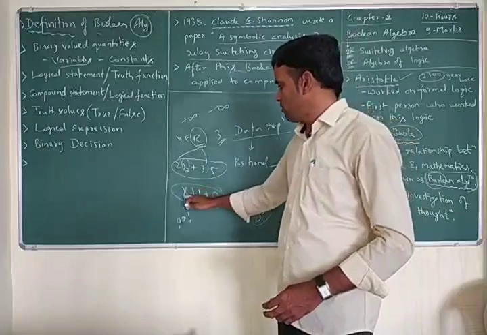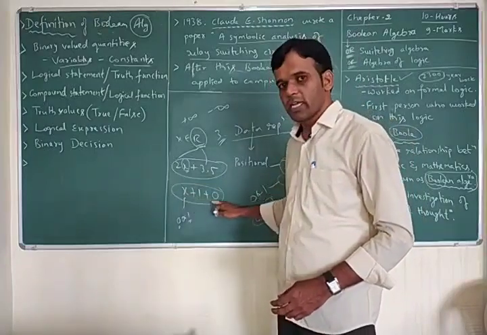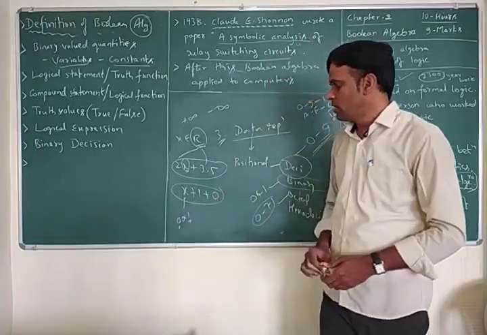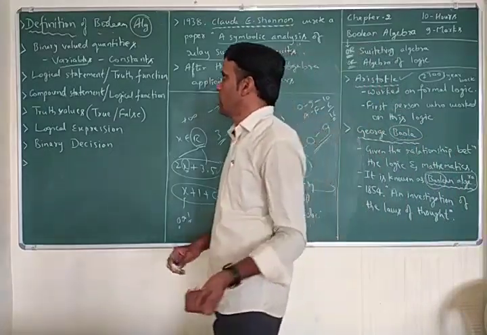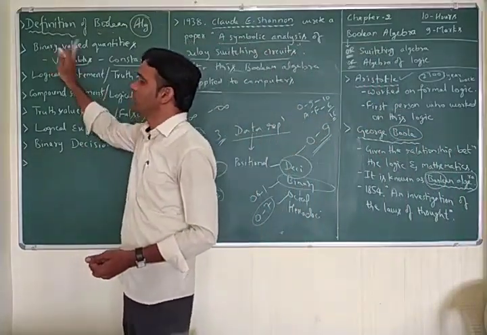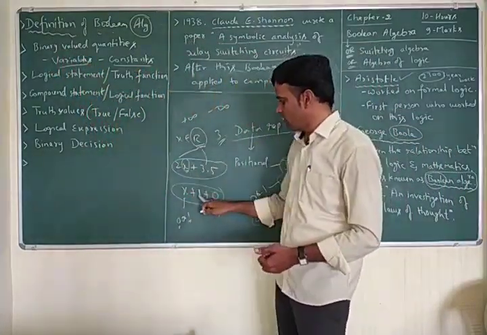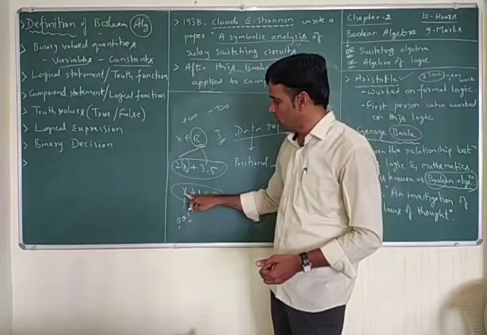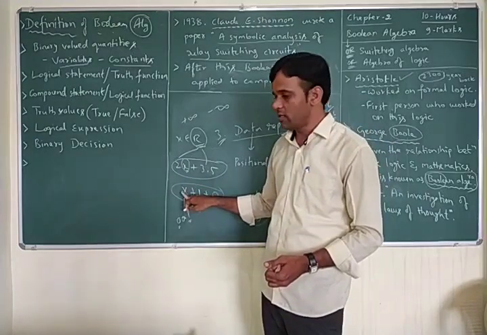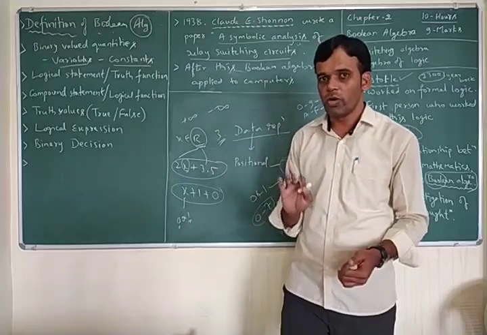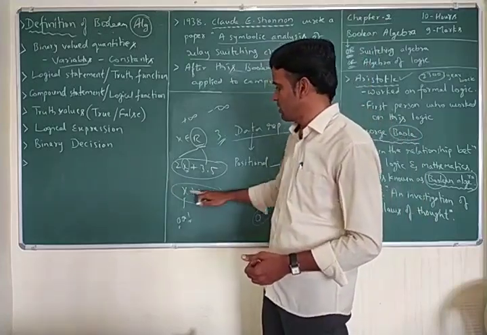So it's an example of a Boolean algebraic expression. Only binary values are allowed, whether they come in the form of numbers or variables. If variables are there, they should have either 0 or 1. So this is a logical expression.